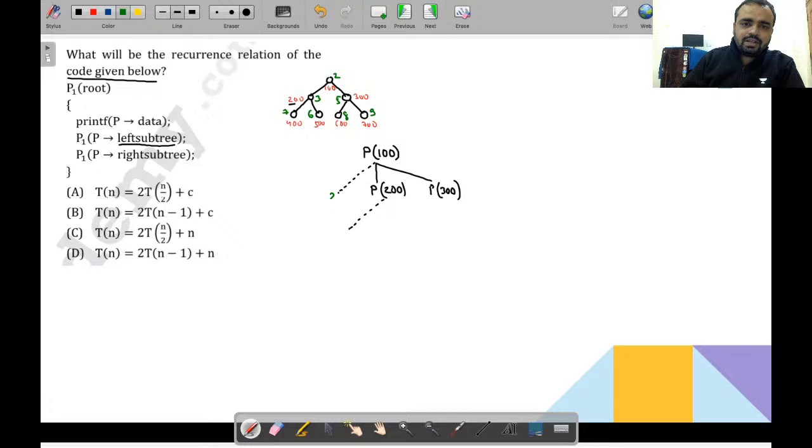So here it will print the 2, here it will print the 3, और 3 प्रिंट करने के बाद ये क्या करेगा, अपने लेफ्ट चाइल्ड को कॉल करेगा। तो लेफ्ट चाइल्ड इसका 400 है। ओके, देन इट विल कॉल द राइट चाइल्ड, सो p ऑफ 500। Similarly it will first of all print the 5, and then p of left child, that is the 600, and then right child, so p of 700.